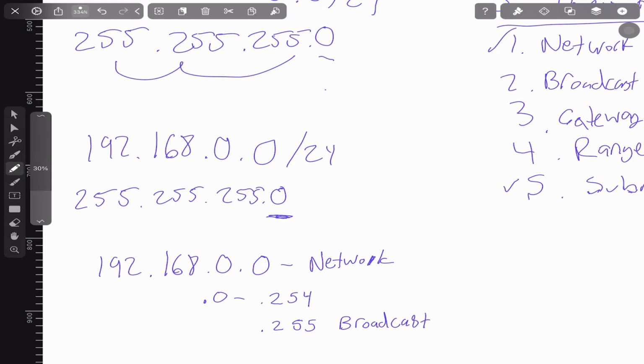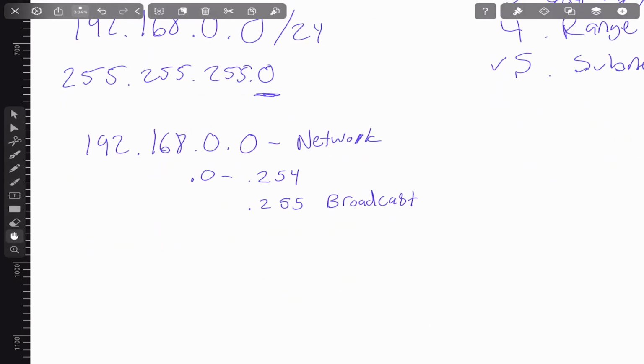That's how we're going to be able to signify each network. That being said, 192.168.1.0 is going to be a totally different network.